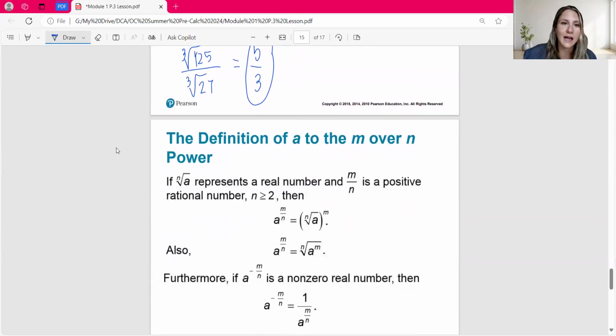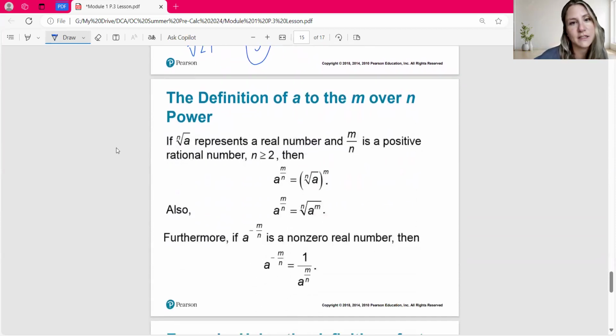And then this last concept that we're going to talk about today is if we have a rational exponent. Notice this is a couple different forms, rules that we'd want to jot down. If we have a fractional exponent, like a to the m over n, we know we can rewrite that as a radical.